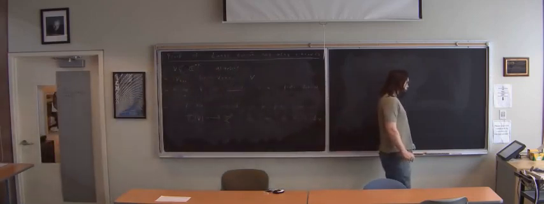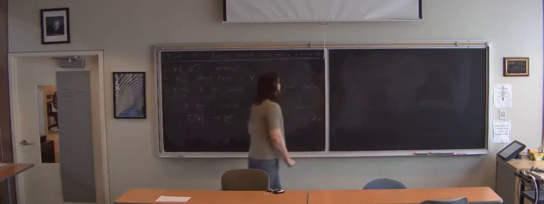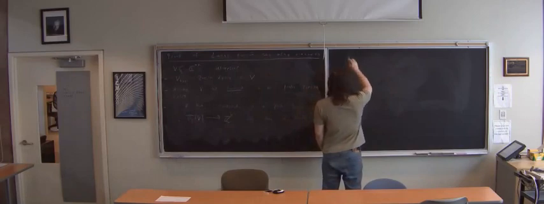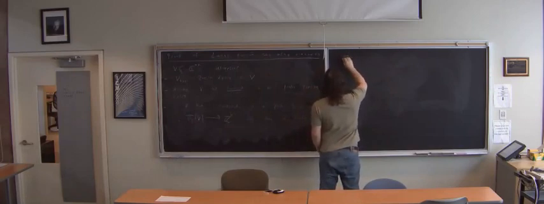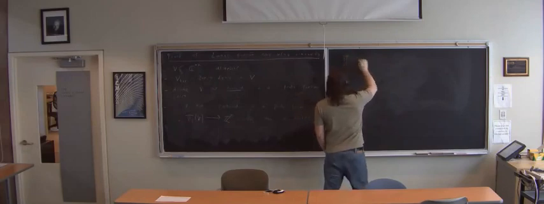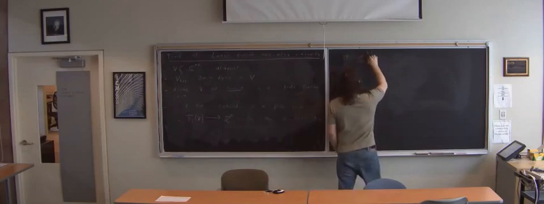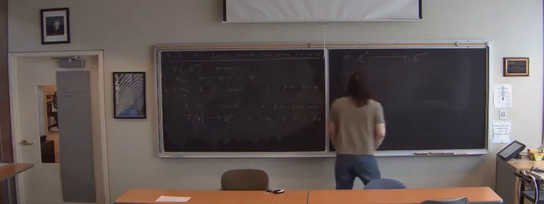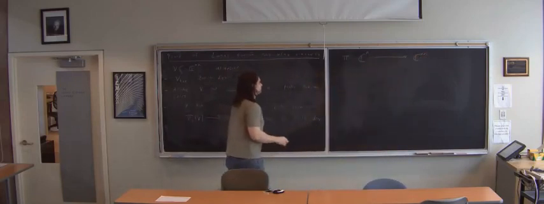Okay, so now let's bring in the o-minimal picture. Now we look at, let me call it pi, from C to the n to C star to the n.